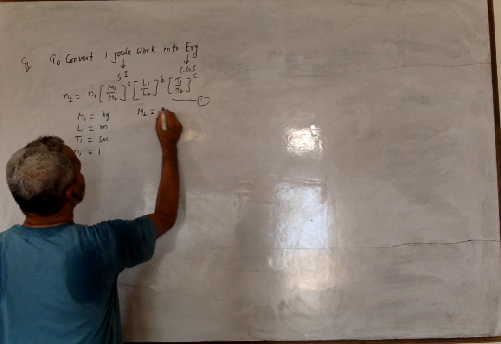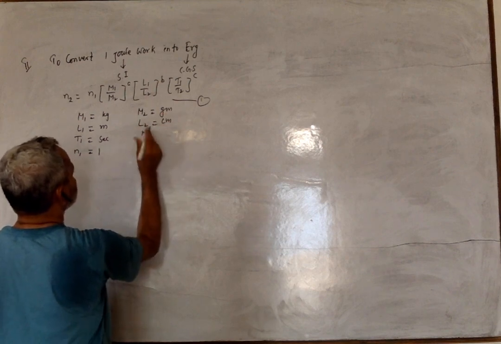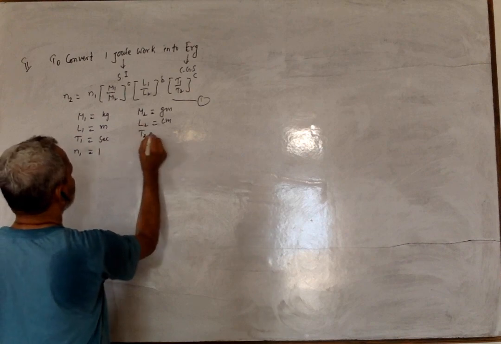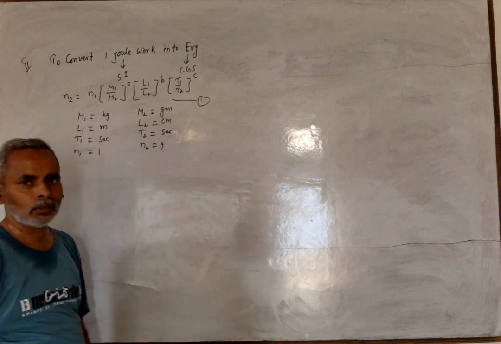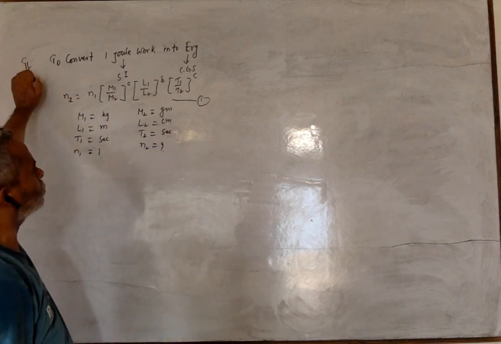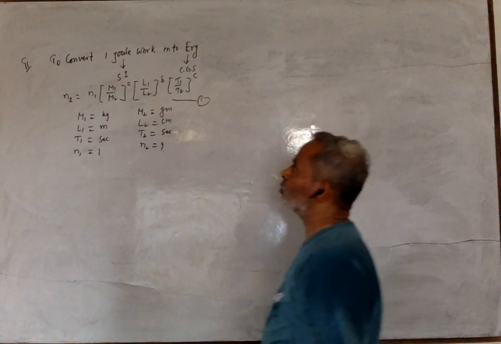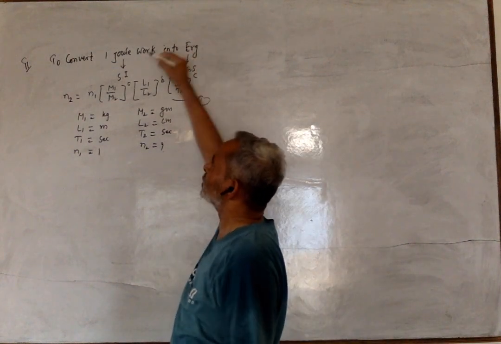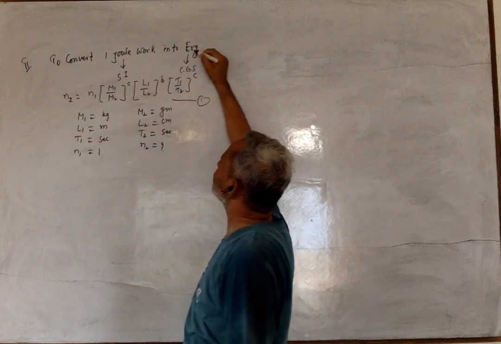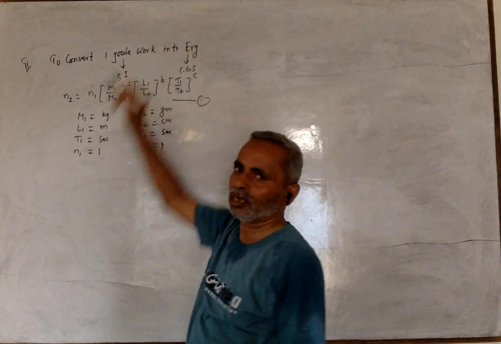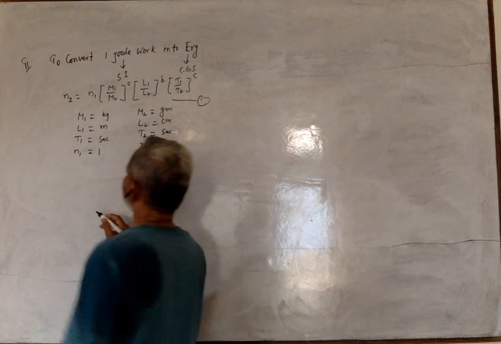M2 gram, L2 cm, T2 second, N2 unknown. As you have to note from the question, the given value is 1 joule in SI and the converting value is in CGS. Erg is the CGS unit of work.